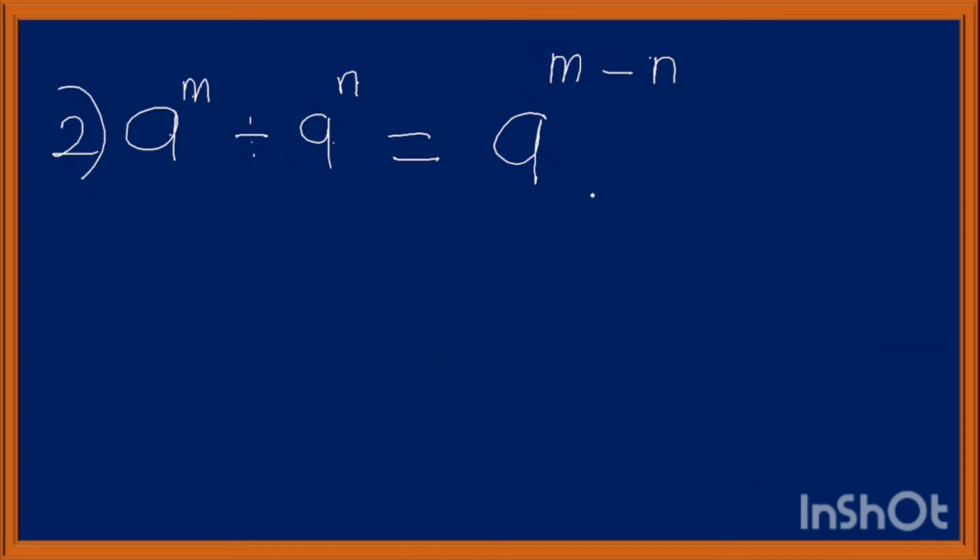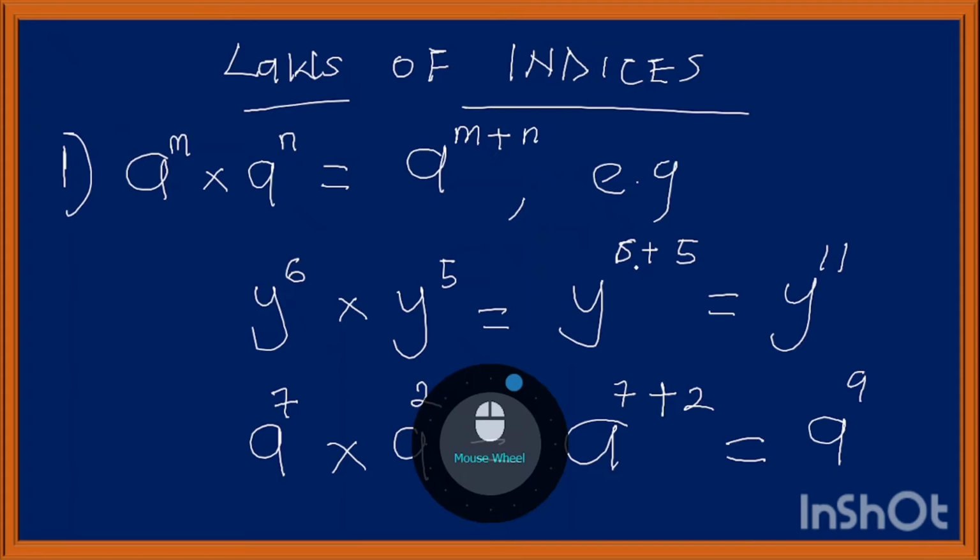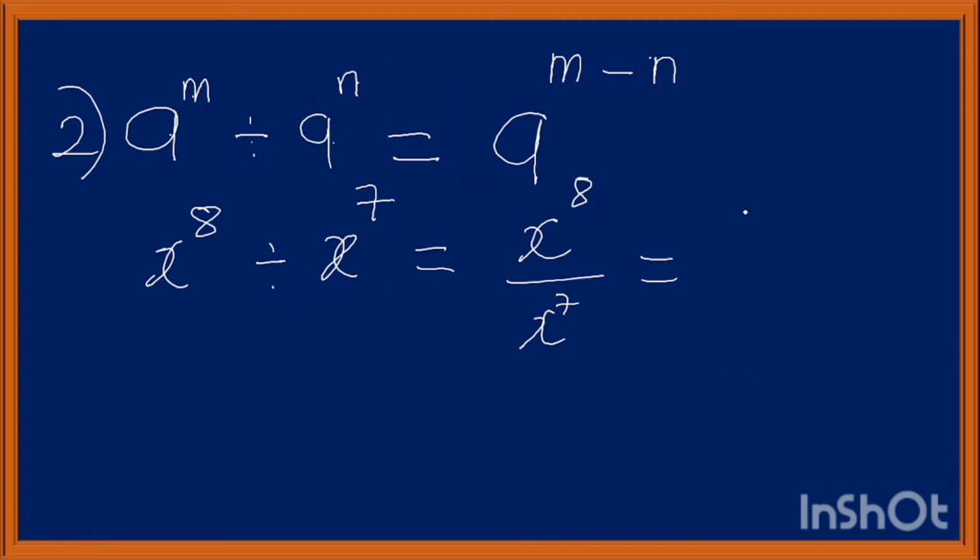So, example, if I have, say, x raised to power 8 divided by x raised to power 7, all we have to do is to subtract the power, retain the base x, and then say 8 minus 7. Then that will give us x raised to power 1, which is just x.